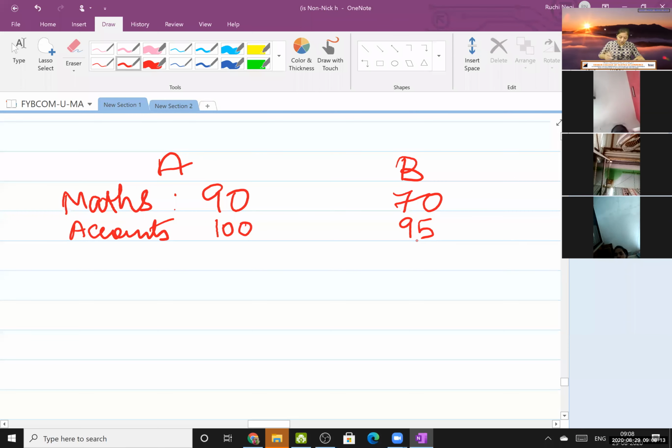So what am I doing? I'm comparing them now. Okay. So इसको आए 90, इसको आए 70.